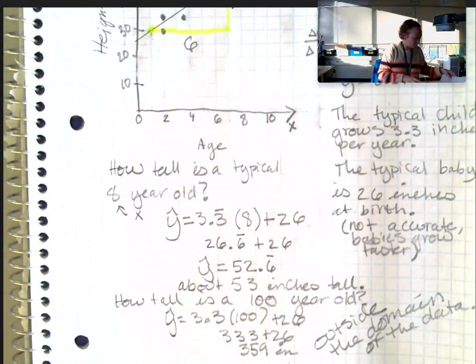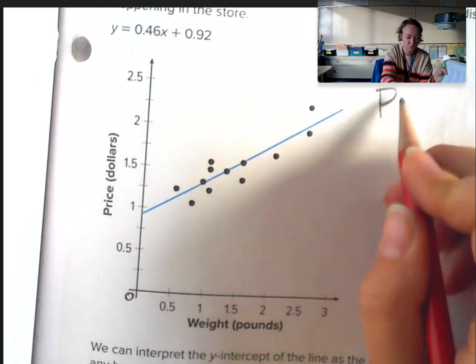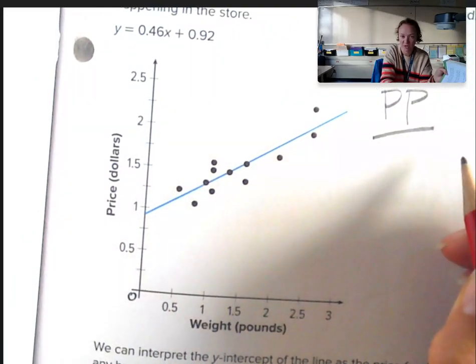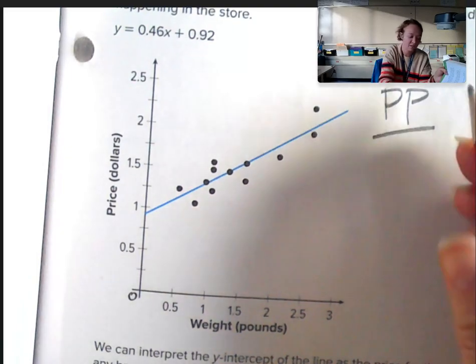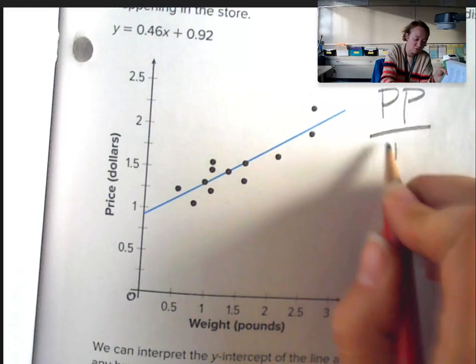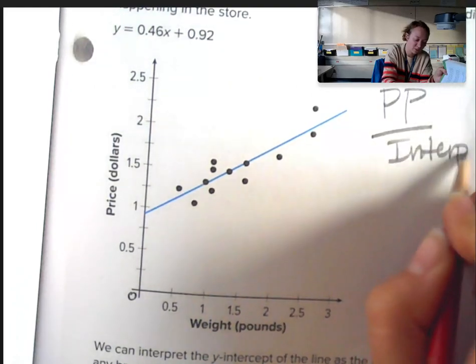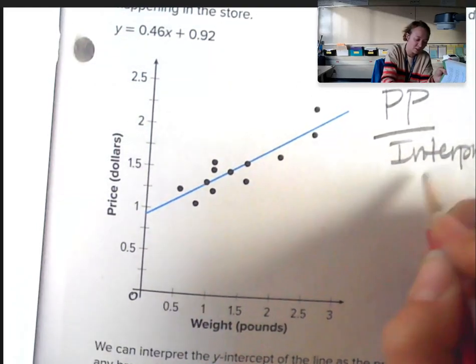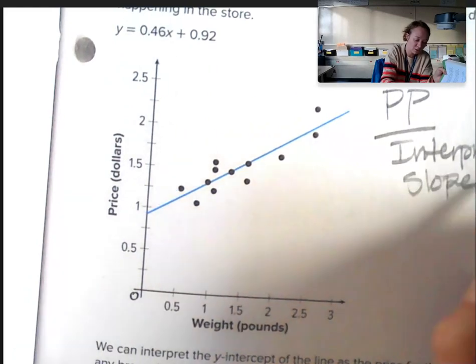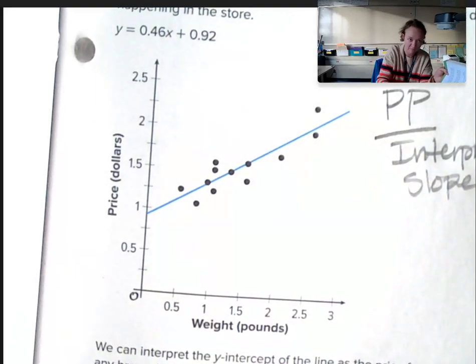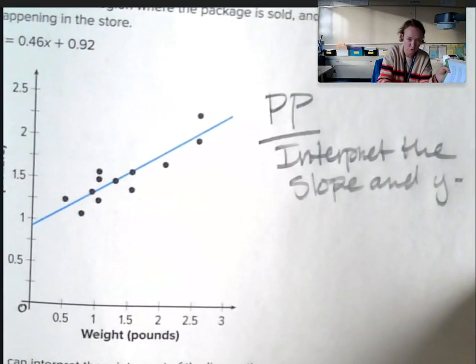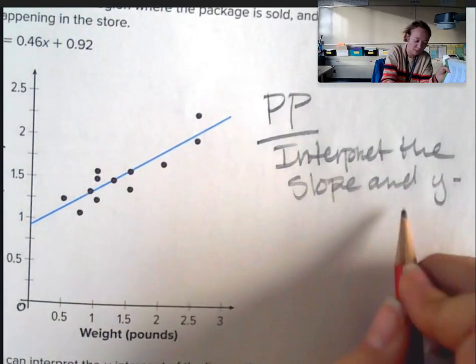All right. For your practice problem, you do not need to copy down this graph, but I'm giving it to you here. You can roughly sketch it if you'd like. I am going to ask you to interpret the slope and y-intercept.